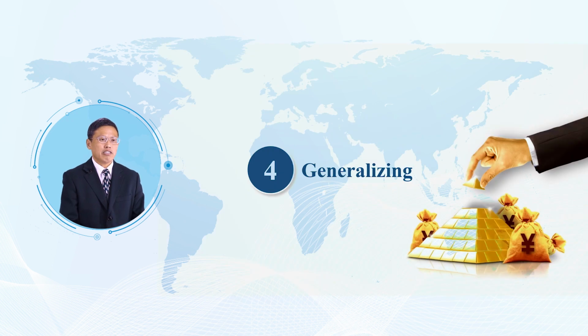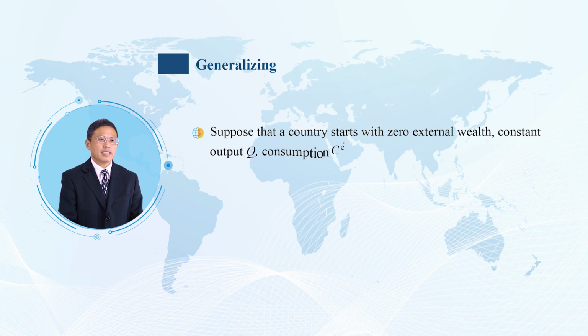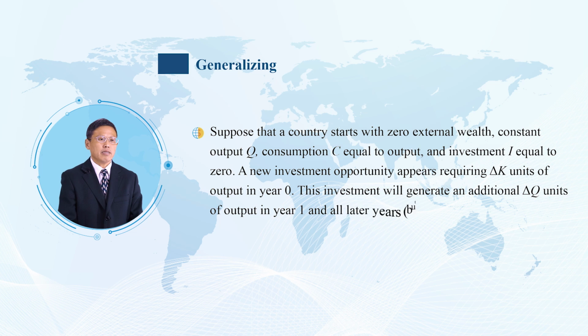For generalizing, suppose that a country starts with 0 external worth, constant output Q, consumption C equal to output, and investment I equal to 0. A new investment opportunity appears requiring delta K units of output in year 0. This investment will generate an additional delta Q units of output in year 1 and all later years, but not in year 0.